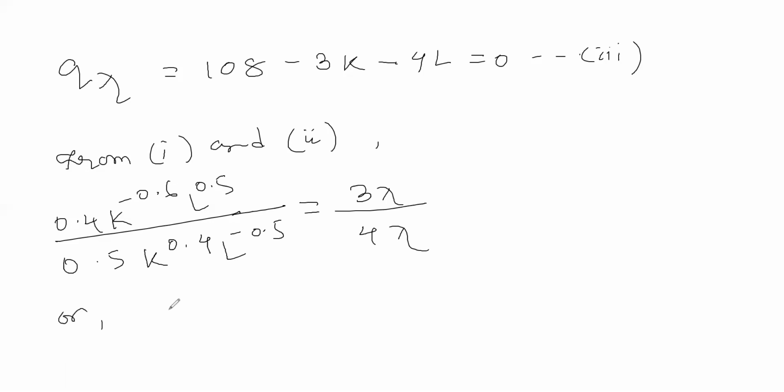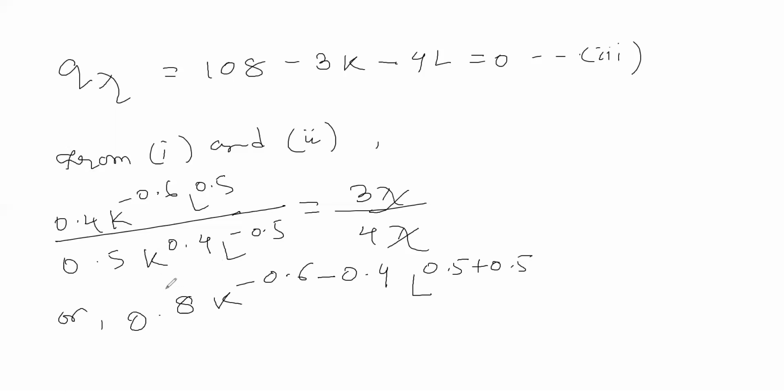So what do we get over here? If lambda and lambda cross out, we are left with 0.8 K to the power minus 0.6 minus 0.4 and L to the power 0.5 plus 0.5.